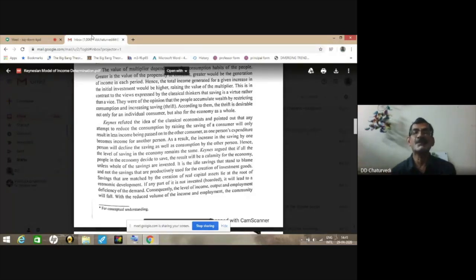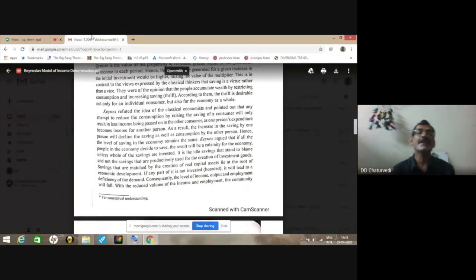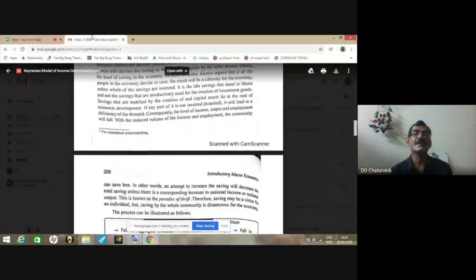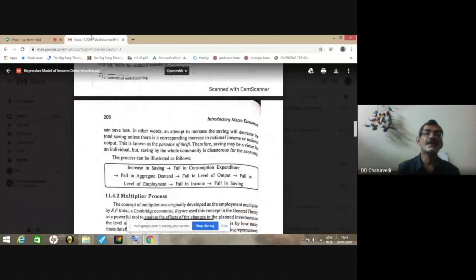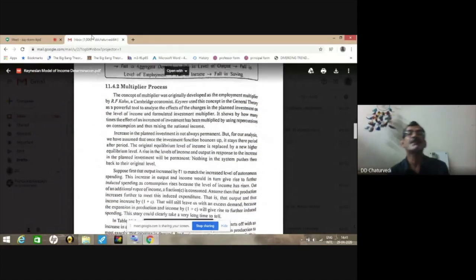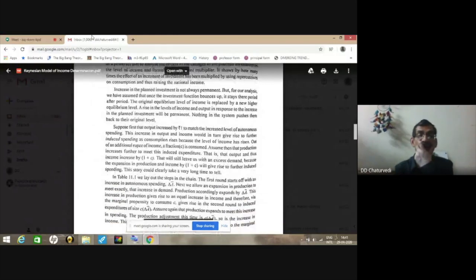With less consumption, there will be less expenditure. With less expenditure, there will be less income creation. And so fewer people will be getting jobs. So everything will go down. So paradox of thrift means we should not think of increasing the saving. Rather, we should think of decreasing the saving or increasing the consumption expenditure. And this will be more clear from the multiplier process, which I discuss now.